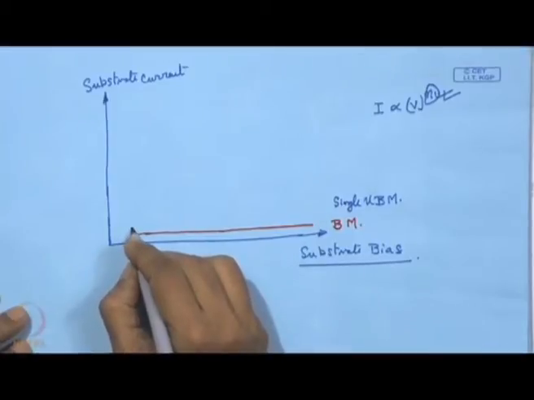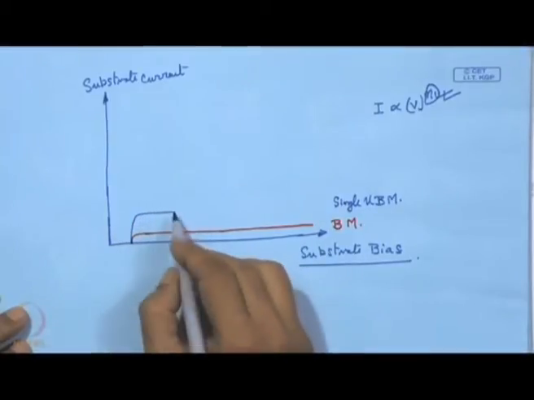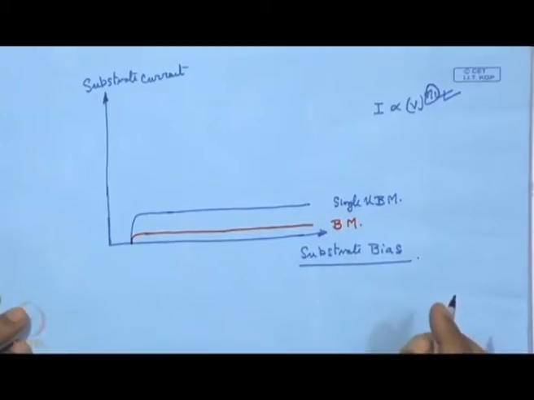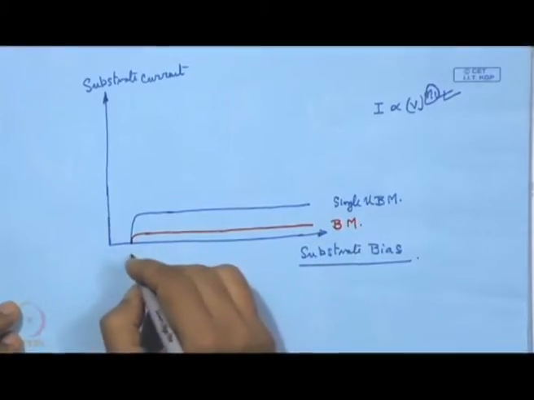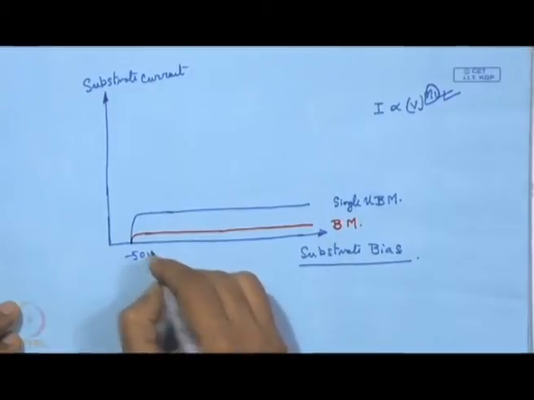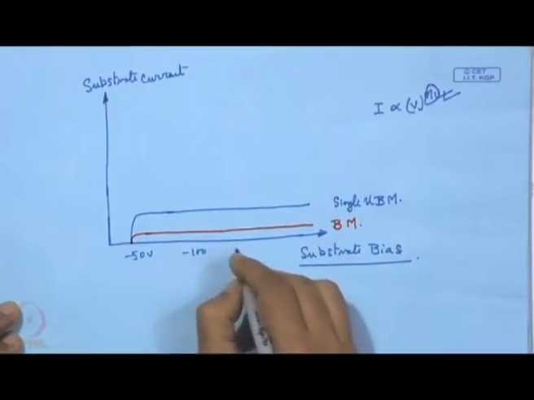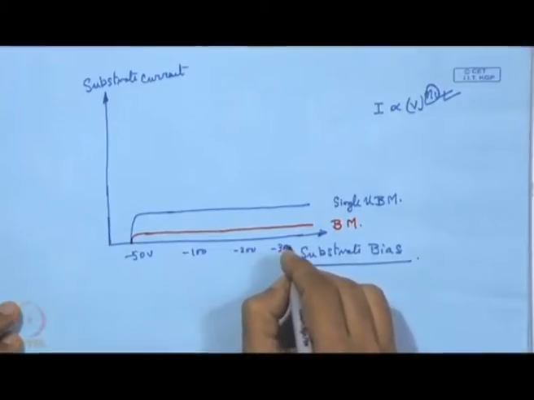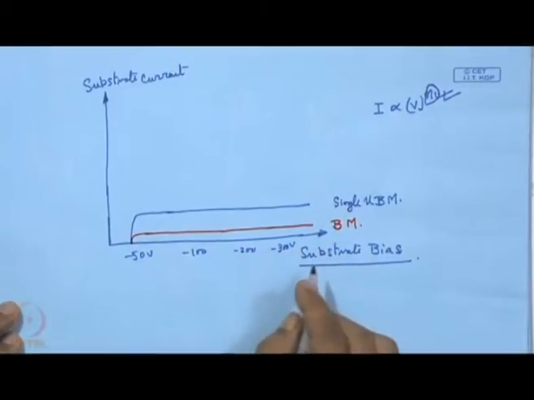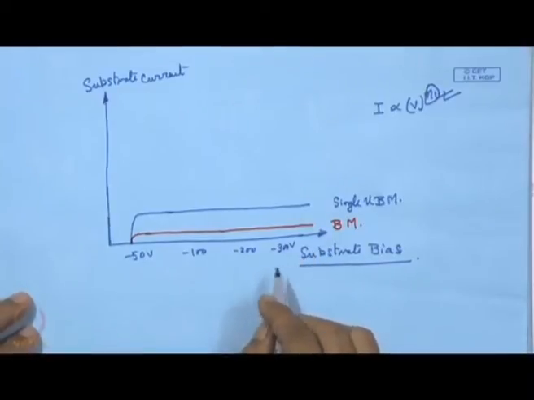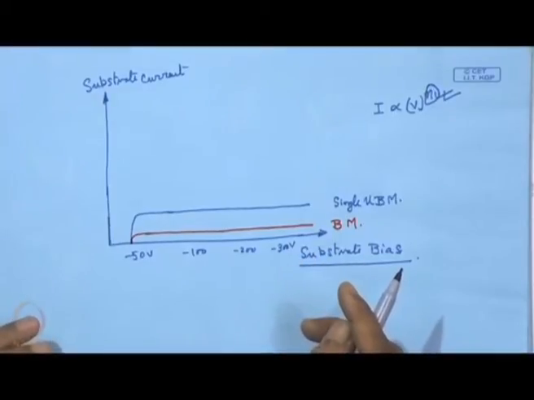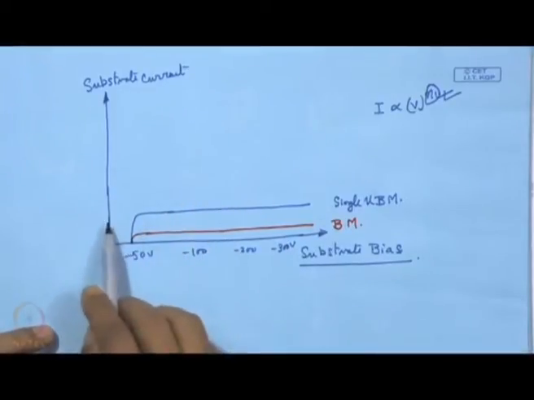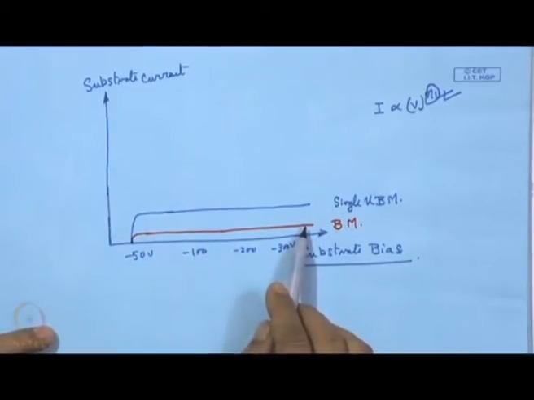There we can see it can improve a lot, but what is also very interesting to know is that whether it is minus 50 volt, 100 volt or minus 200, increasing the substrate bias will not give any positive result so far as substrate current is concerned. It gets saturated very soon.